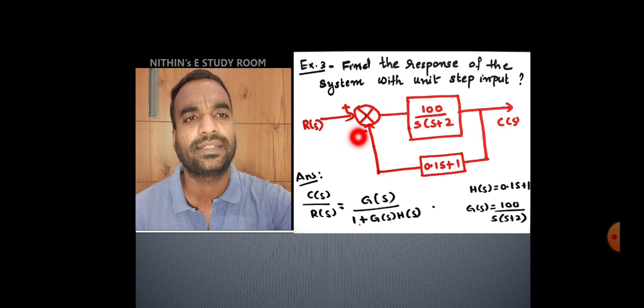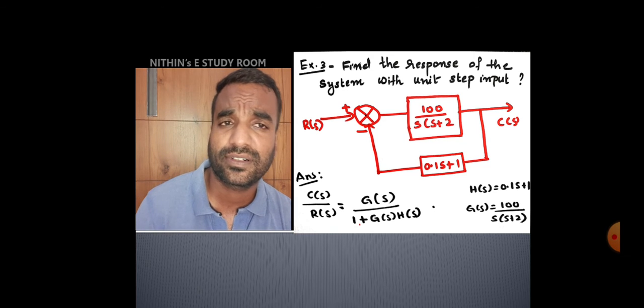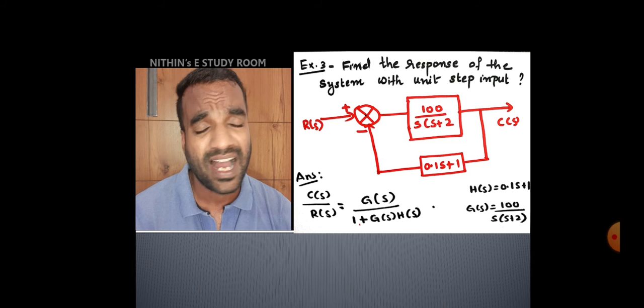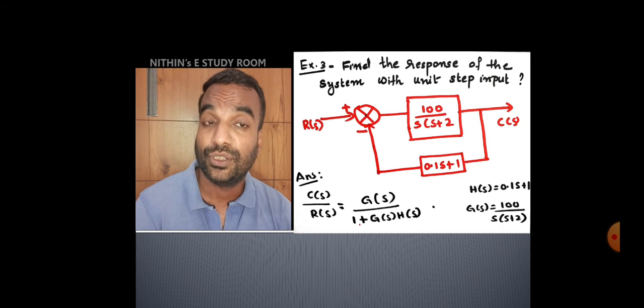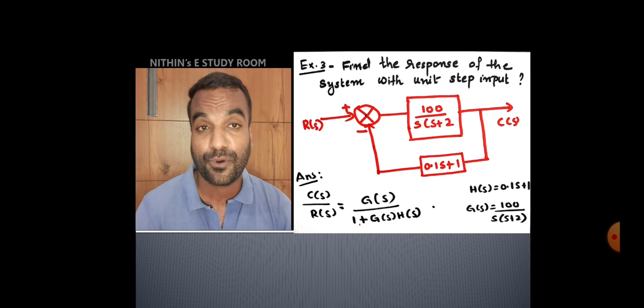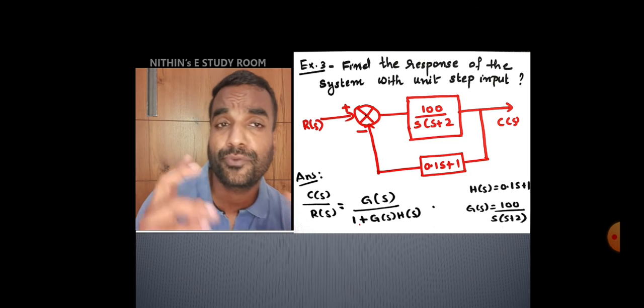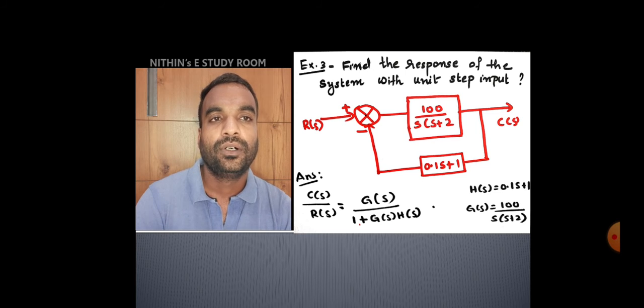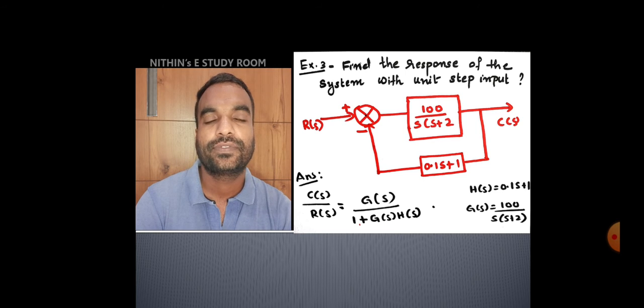That's why a minus is indicated here. That's why our closed loop transfer function is G(s) by 1 plus G(s)H(s). Otherwise, it will become G(s) by 1 minus G(s)H(s) if it is a positive feedback system. You have to change the equation of C(s) by R(s).